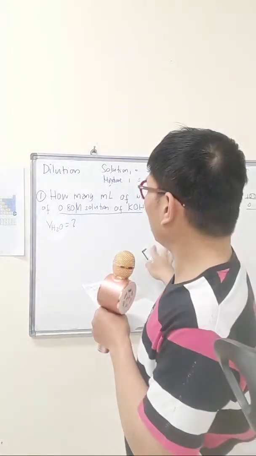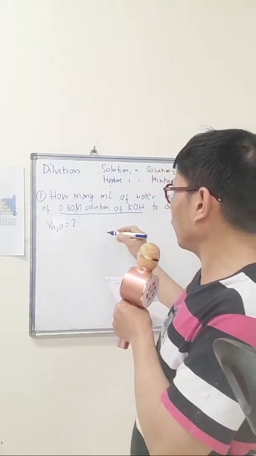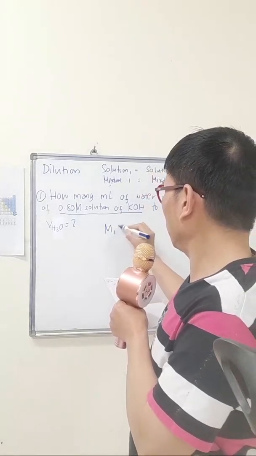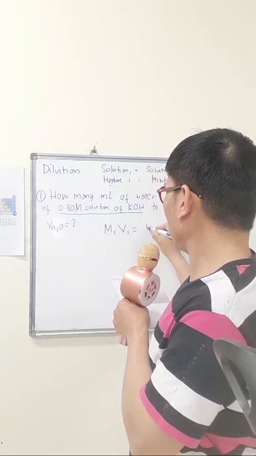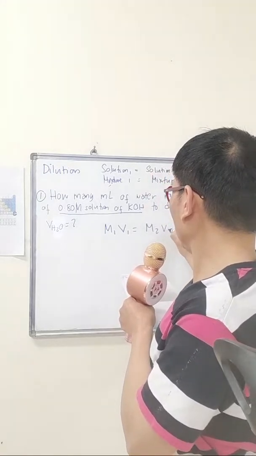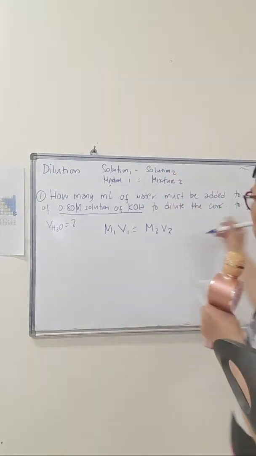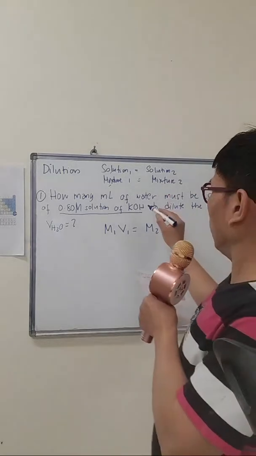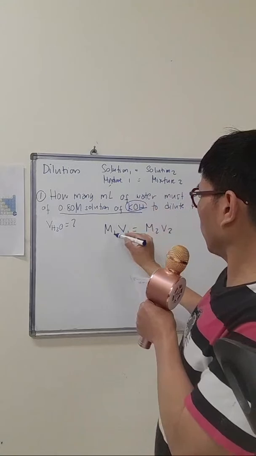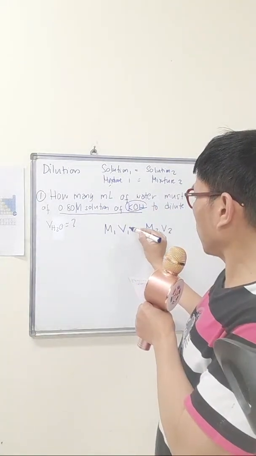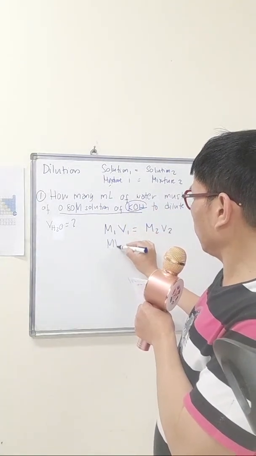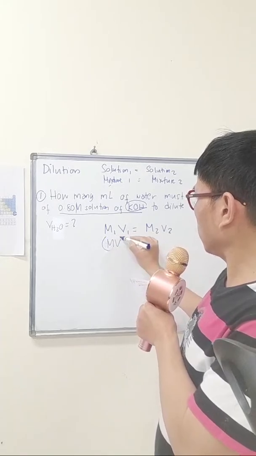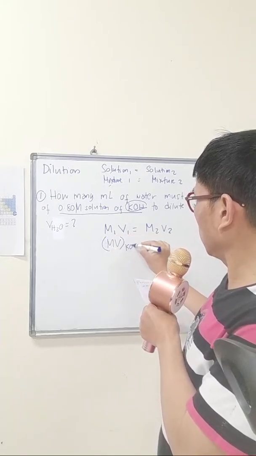Now here we need to follow the standard dilution formula: M1V1 equals M2V2. So our 1 here is the potassium hydroxide, right? This one is all about potassium hydroxide. So I will say M times V, parentheses, potassium hydroxide.